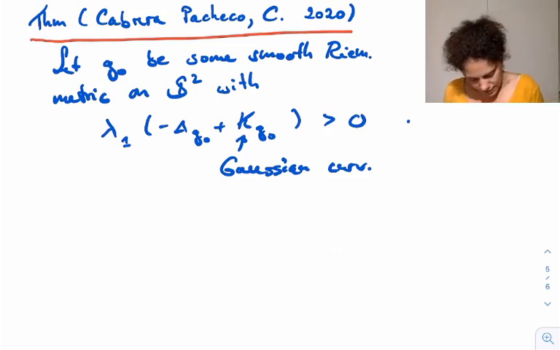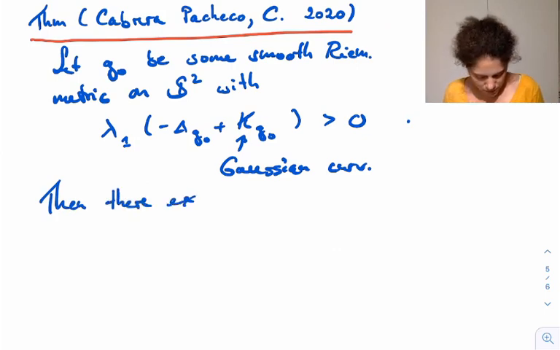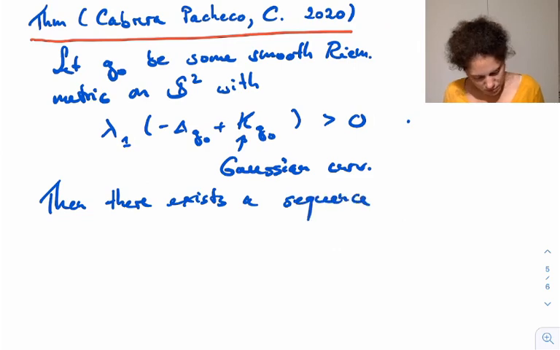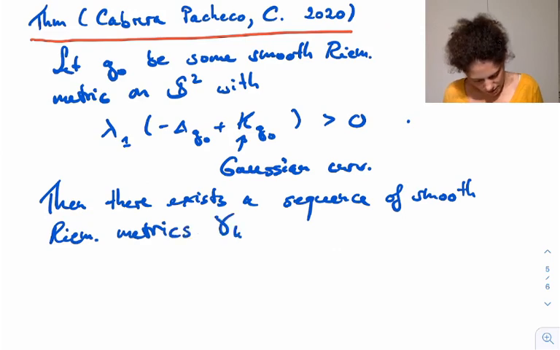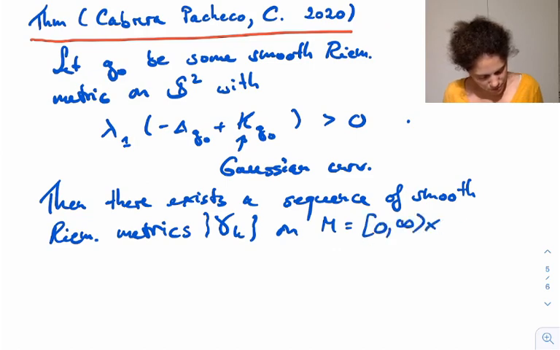Then there exists a sequence of smooth Riemannian metrics gamma k on the manifold M, which is [0, infinity) times S2.